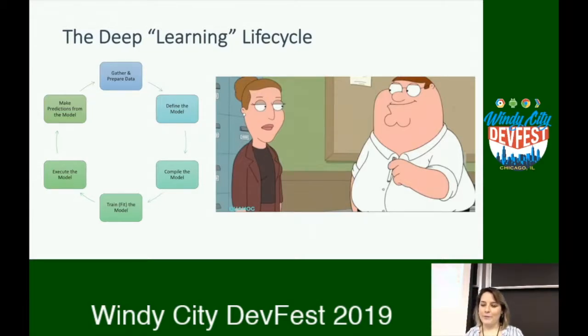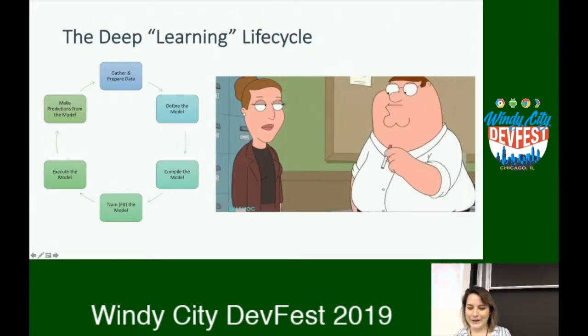When you compile the model, what you're doing is configuring your model and configuring your weights and biases for that. The model here measures performance on training with a loss function and updates itself with some kind of optimizer. And of course, when you train the model, that's Angela's reactions and Peter reacting to Angela's reactions. And of course, executing the model.